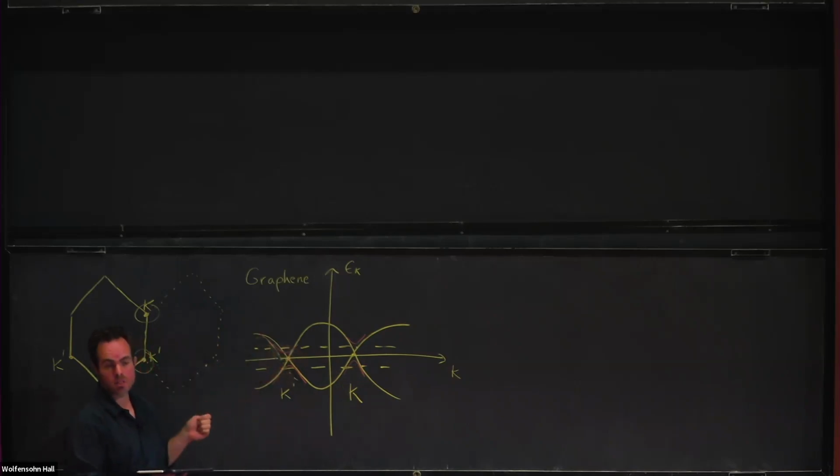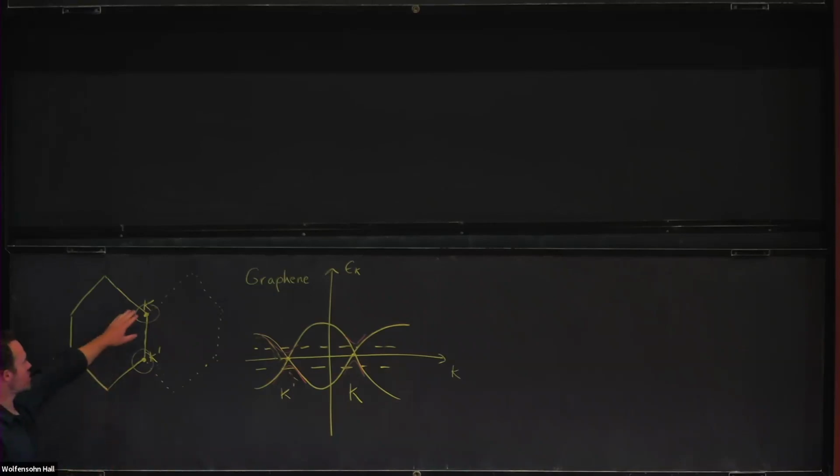So again, in the TMDs, you also have this valley degree of freedom. It happens in various materials without a hexagonal Brillouin zone. For example, aluminum arsenide also has two pockets, but the symmetry is different. Rather than being related by C6, they're related by C4. Anyway, so this is the general scenario in which valley degrees of freedom arise.